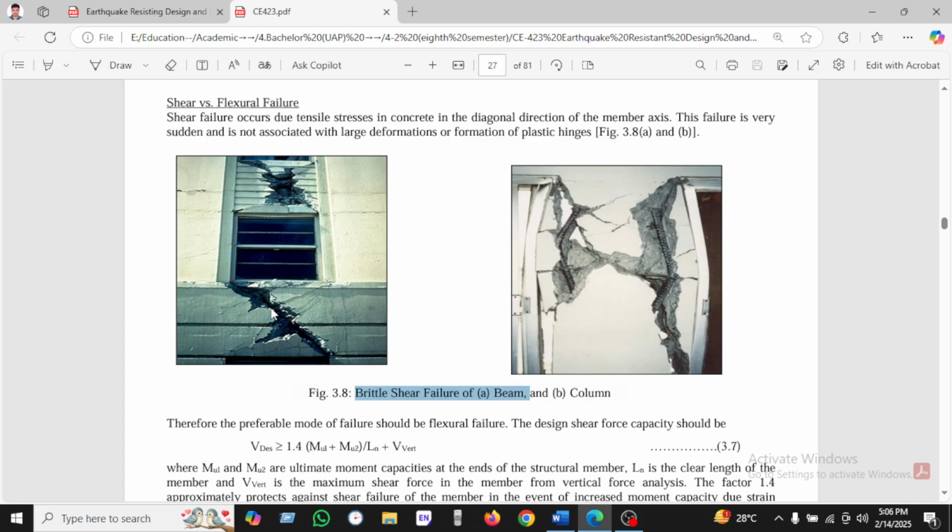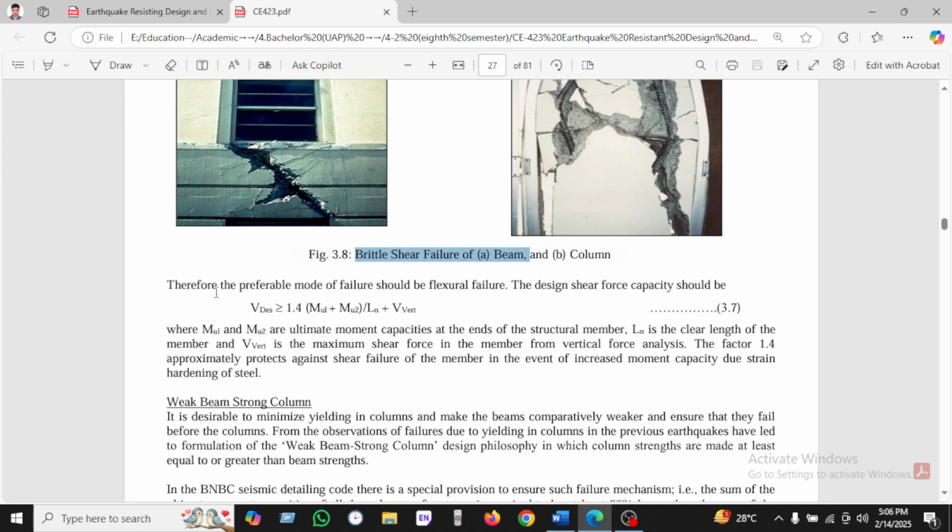This is the beam with shear failure, and this column also has shear failure. Therefore, the preferable mode of failure should be flexural failure, and the design shear capacity should be greater than 1.4 (Mu1 plus Mu2) divided by L plus Vu vertical.